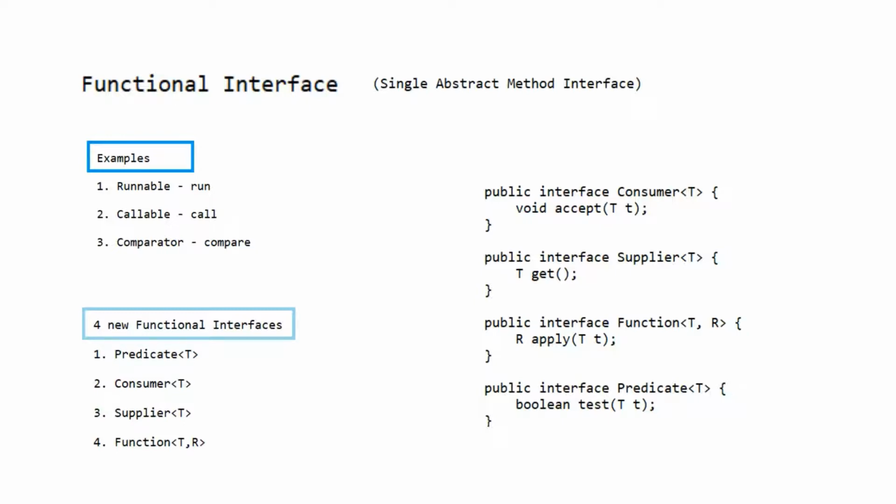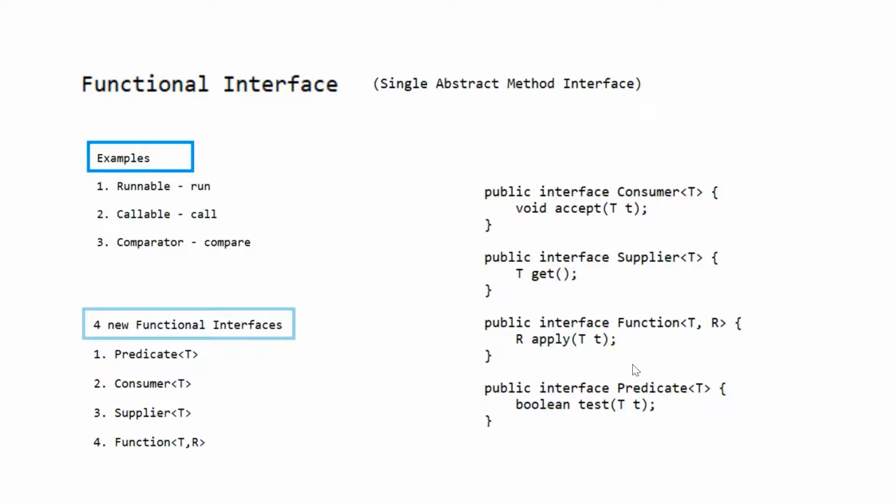The first one is Consumer. It is going to consume something. It is going to take in some data and it doesn't return anything. If your function is going to have such behavior, then you can write it as a Consumer interface. Then a Supplier. It doesn't take in anything, but it returns values of type T. It can be of any type T. Then comes a Function.